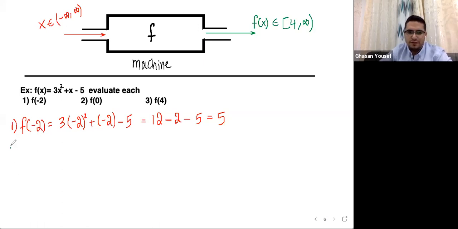f of 0. Just plug it inside the function here.